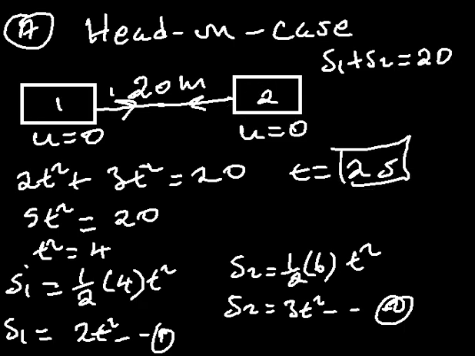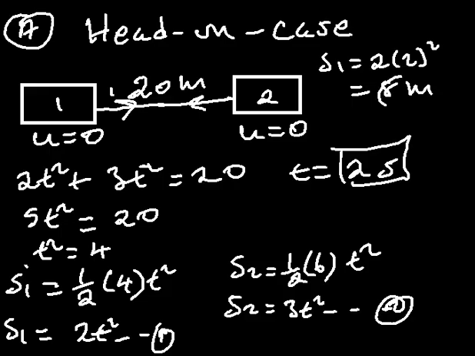And how about the distances they have to travel in each case? For object 1, we substitute into the equation for distance: S1 is 2 times 2 to the power 2, which is 8 meters. So object 1 has to travel about 8 meters to meet object 2.